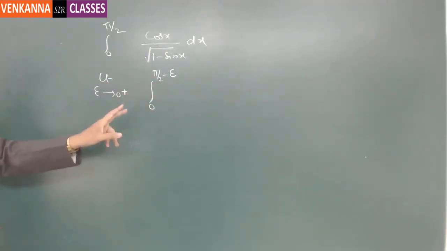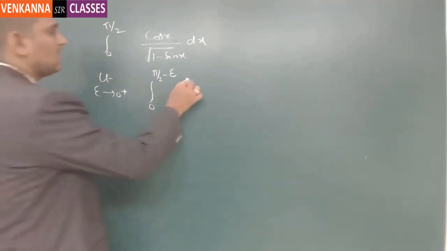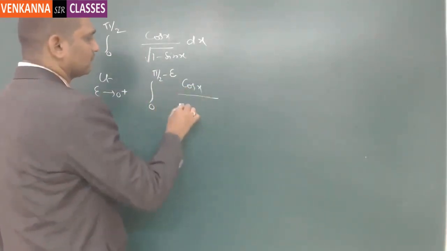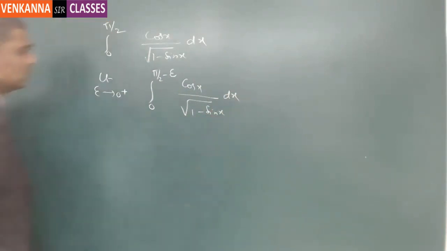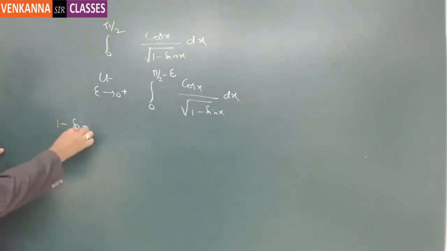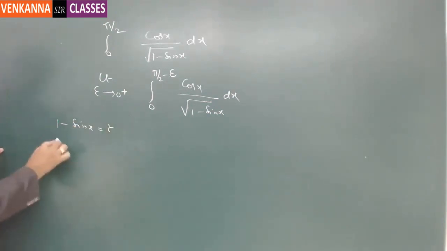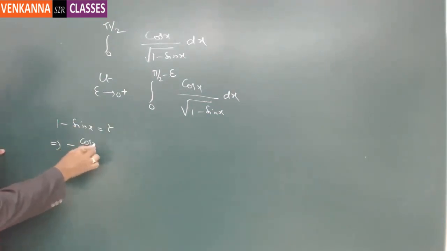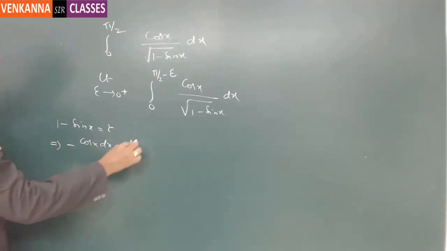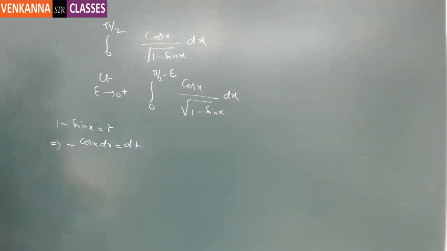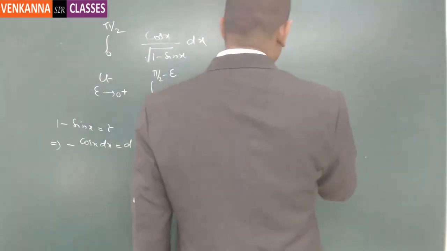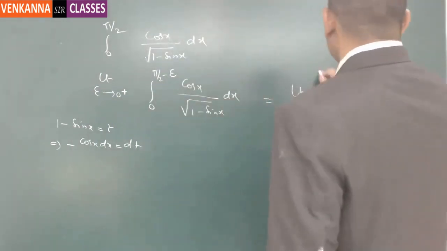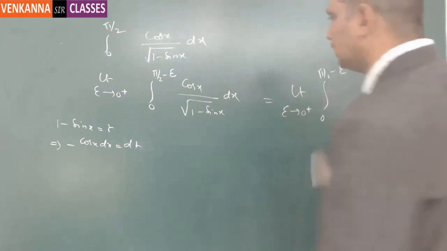That was the modification. So it is cos x by root of 1 minus sin x dx. If you take 1 minus sin x equal to t, it implies minus cos x dx is equal to dt. I am not changing the limits, it will be 0 to pi by 2 minus epsilon.